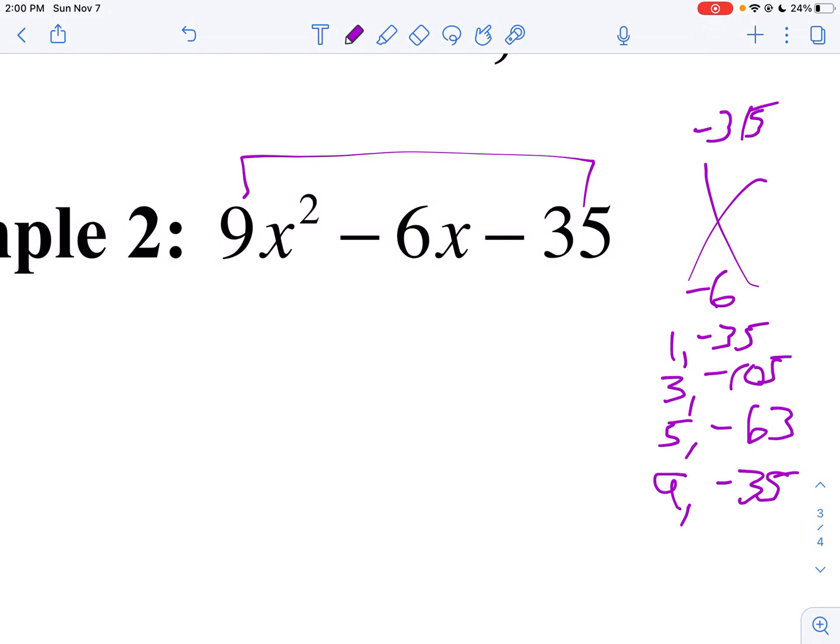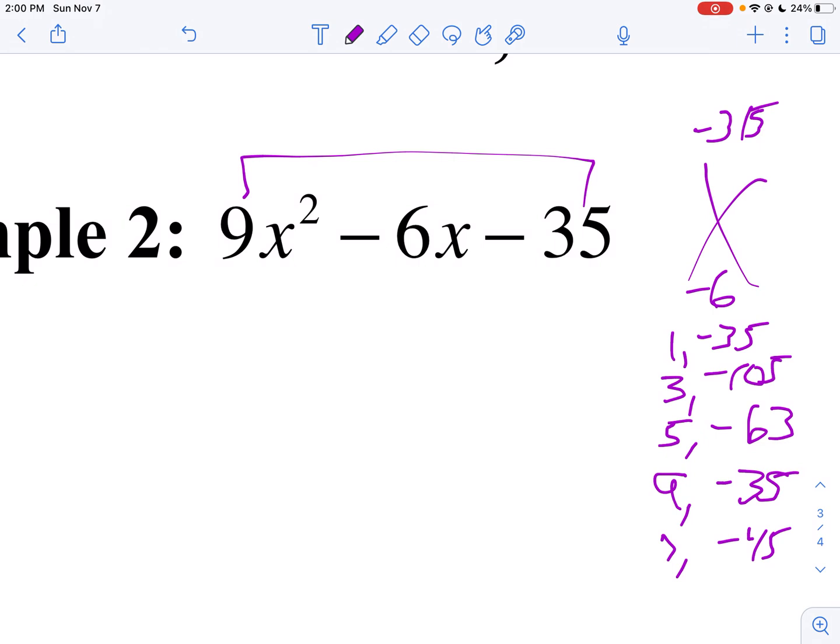I should have checked. Did I skip 7? 7 and 45. Forgot about that one. But I know 7 goes into it, but 14 does not go into it.